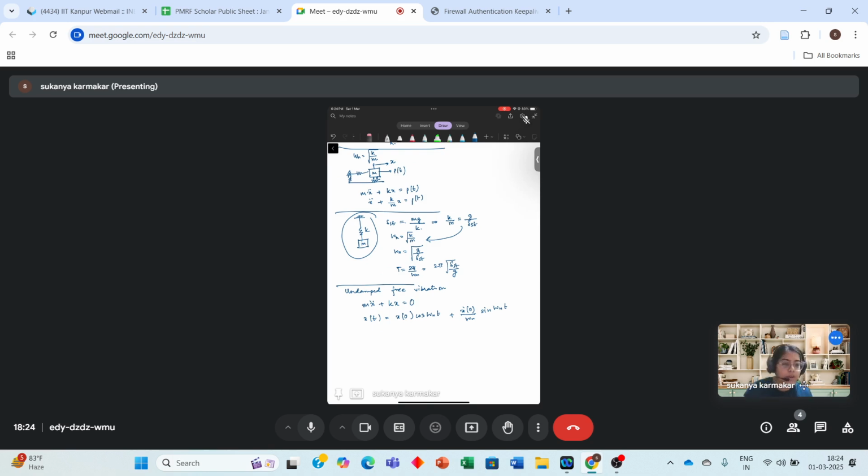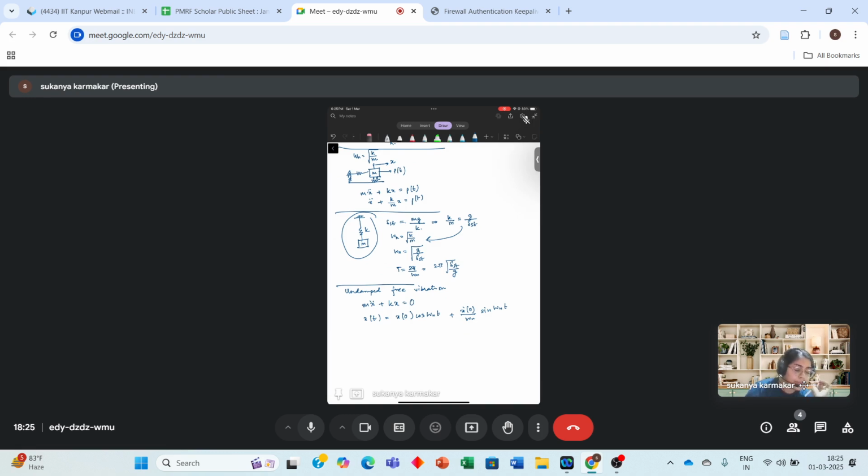This is a technique of solving differential equations. If there is some other form of differential equation, we choose a different trial solution. So this is a method of solving differential equations.